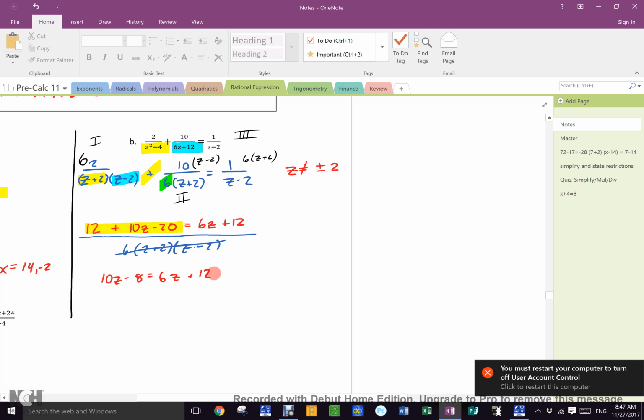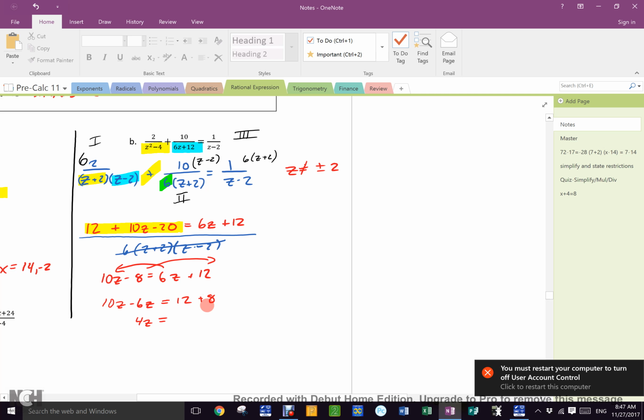What are you going to do there? You're going to move the 6 over there to get what? 10z minus 6z. And you're going to move the 8 over there to get what? Plus 8. What's 10z minus 6z? 4z.